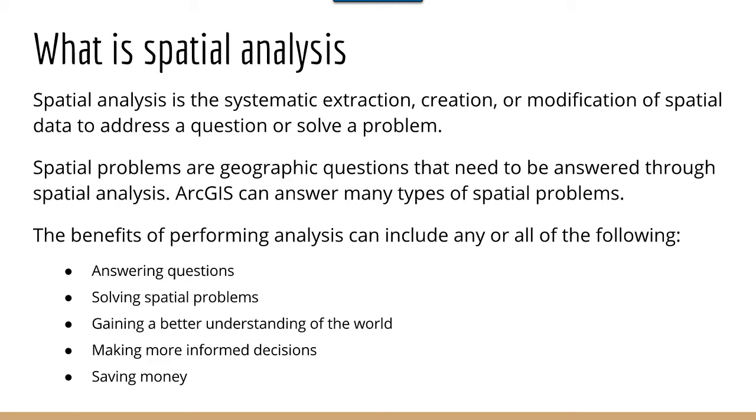The last two bullets are definitely worth a mention: the making more informed decisions and saving money. At the end of the day, all the stuff we do with GIS, these are the things it should be helping with. If it's not helping you make a better decision and probably saving money as well, then you're not really getting a return on your investment for the software and the data and the expertise it takes to have a GIS.